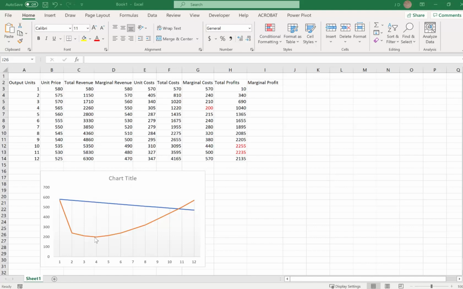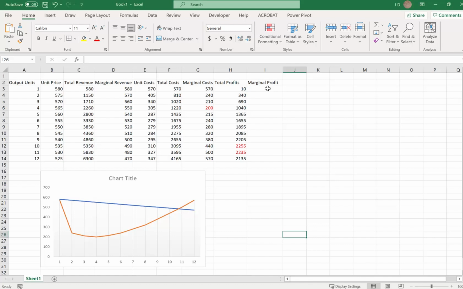So here is your 200, which is 4, your lowest marginal cost right here. That's corresponding to that 200. So again, in this area your marginal profit is positive. Once you get into this area, your marginal profit is negative.